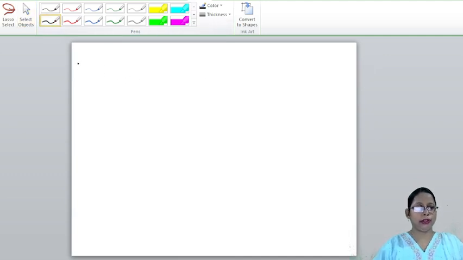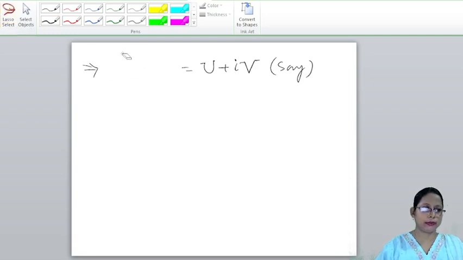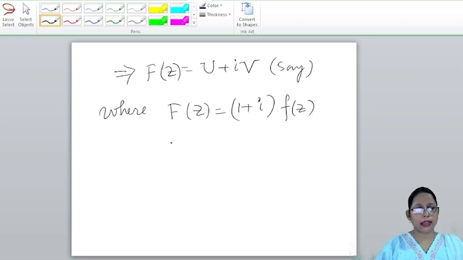The next step: this implies (1 plus i) f(z) equals capital U plus i capital V. Do one thing, write this as capital F(z), where capital F(z) is my (1 plus i) f(z), and capital U is my u minus v.